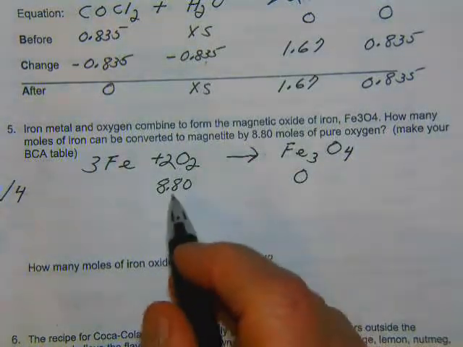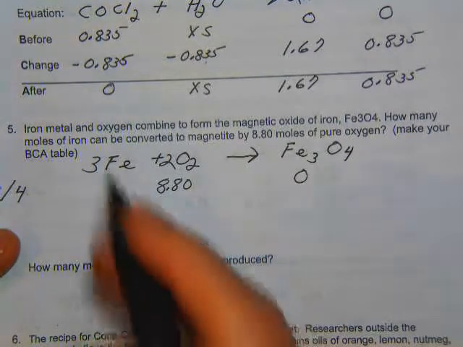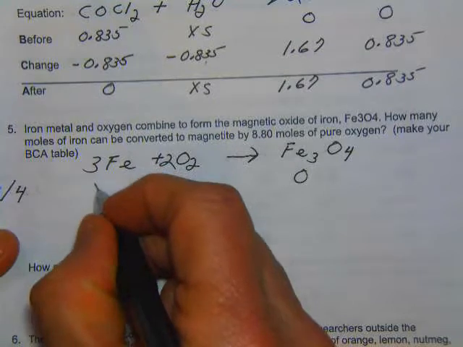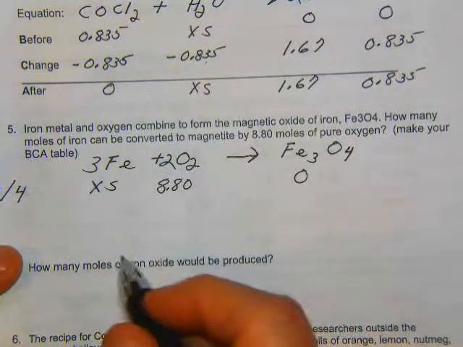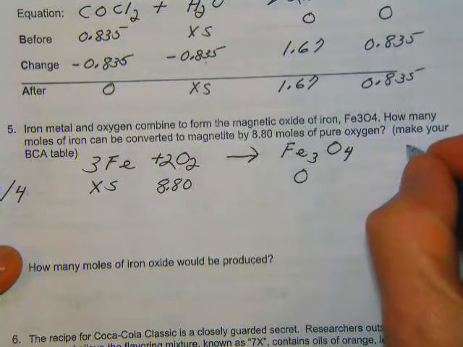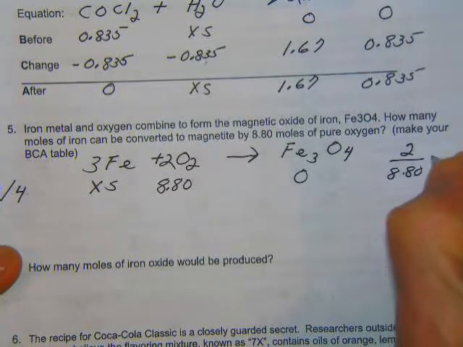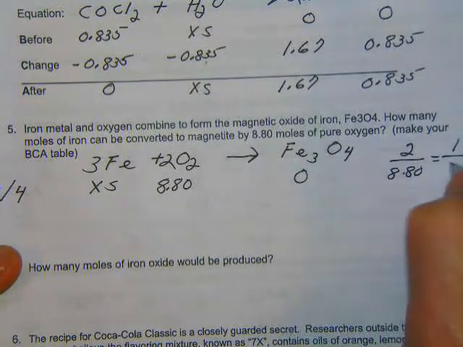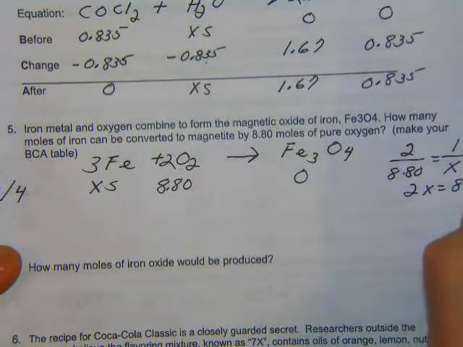And we've got to know how much of this we have. Well, this iron is going to be in excess, but we still have to burn some of it up. So we can do our ratio: 2 to 8.80 as 1 is to x. 2x equals 8.80, x equals 4.40.